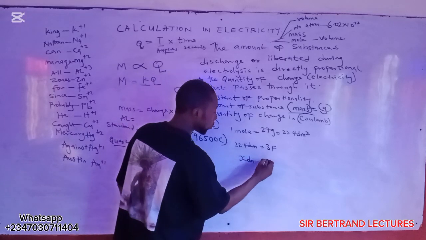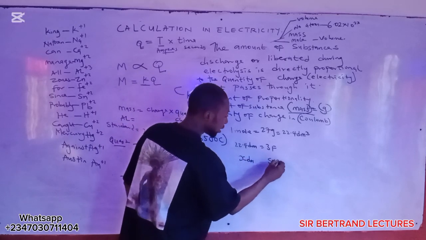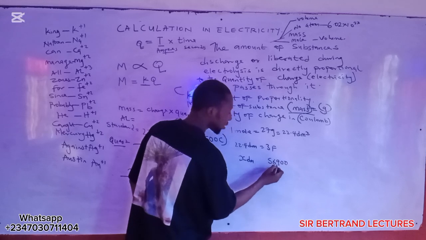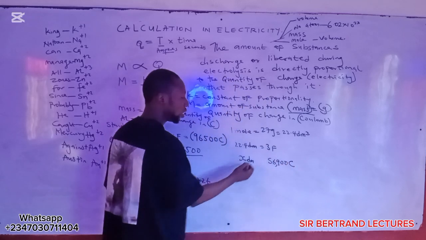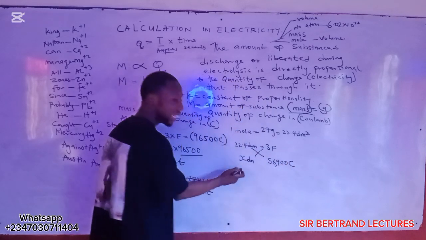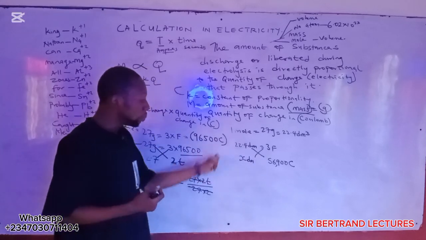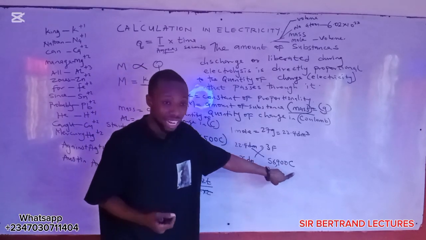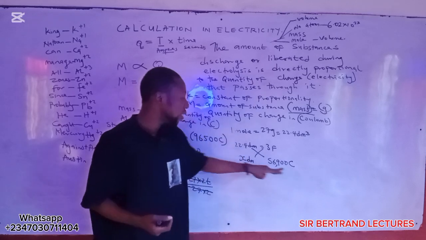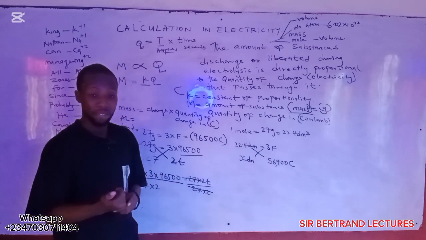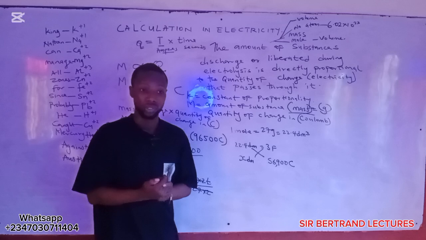Then you are given something like 56,900 quantity of charge. You solve straight. Whatever you get will be the volume in dm cube that will be liberated by this particular quantity of electricity. That is what Faraday's first law is telling us.